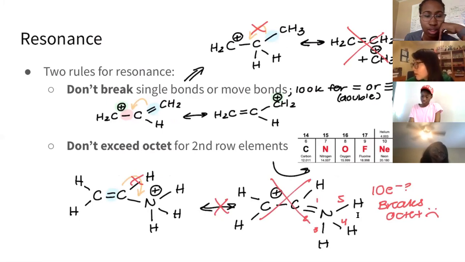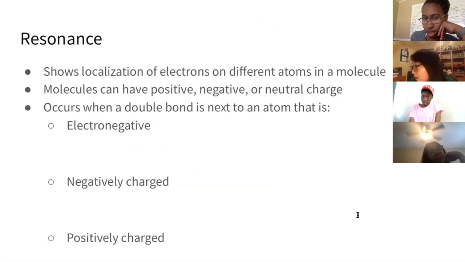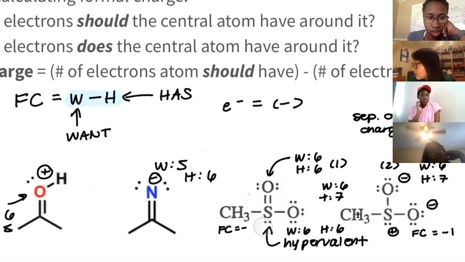And then something else to note, and Sydney mentioned this earlier, is that there are a couple elements that can break the octet rule. Generally, you're not going to discuss them this much. Sulfur is one example, so just S. If we go back, let's see where it is. My notes are a little bit different. Here, let's erase this.